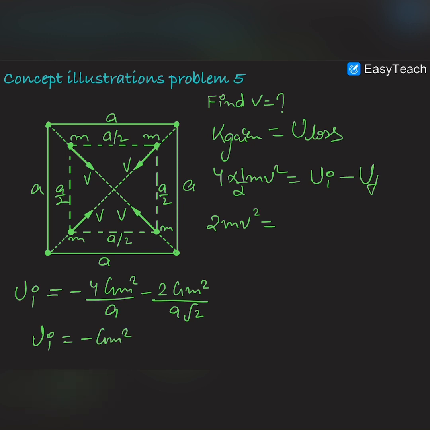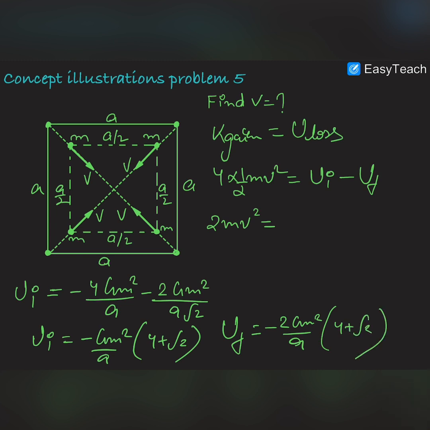minus GM square by a into 4 plus root 2, and U final would obviously be different due to the fact that this side a has become a by 2 now. So U final would be minus 2 GM square by a, into 4 plus root 2.